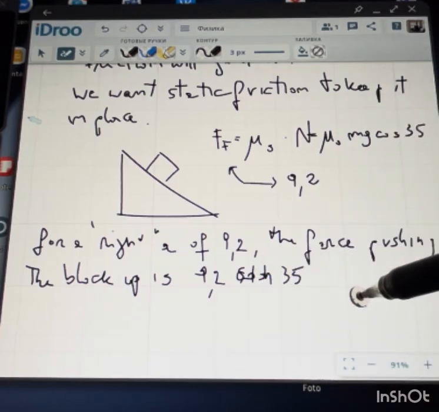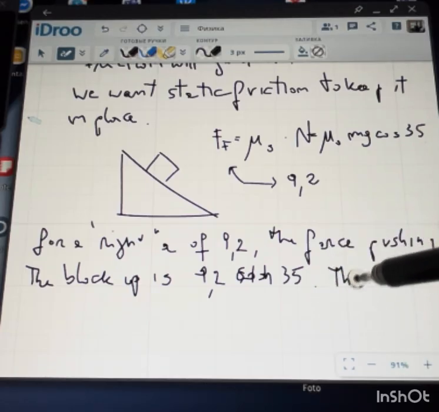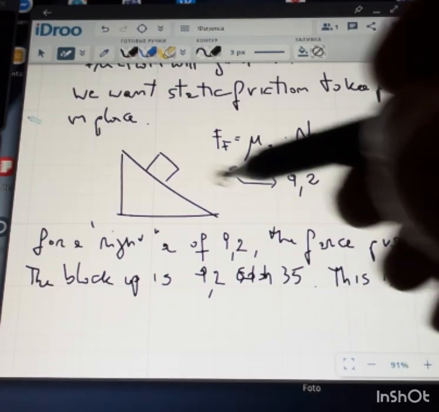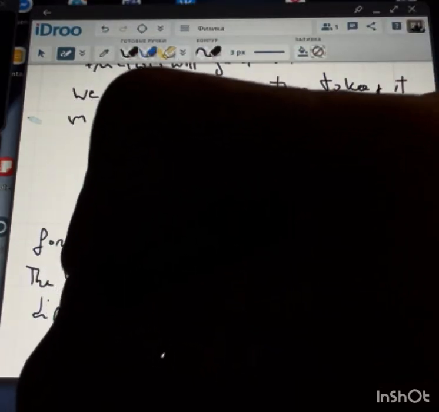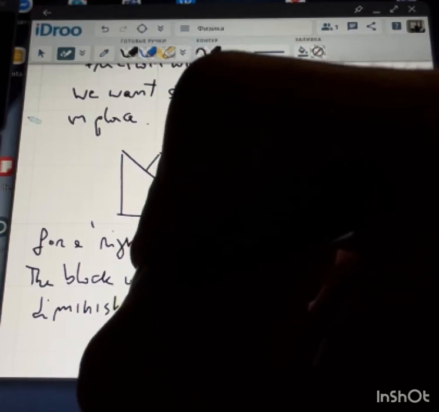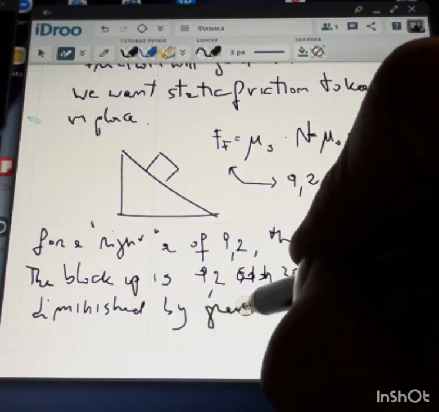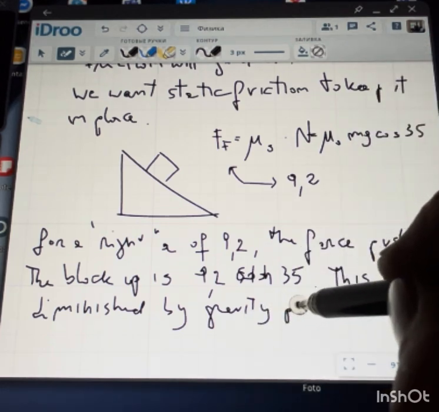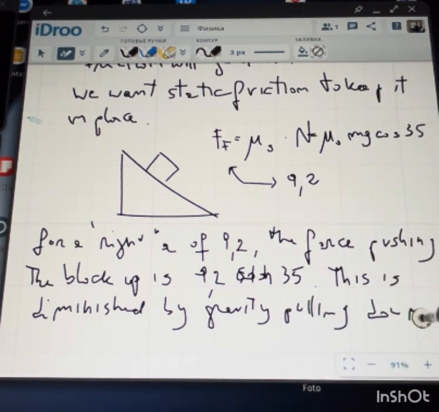Okay. Full stop. This is diminished by gravity pulling down. Can you understand?